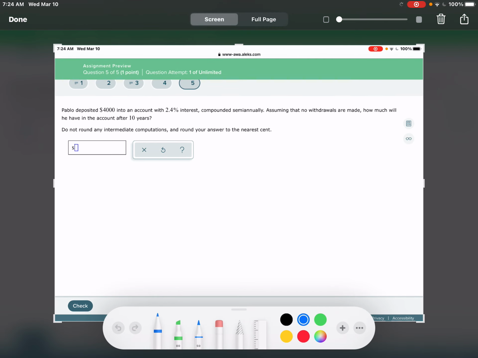Okay. With 2.4% interest compounded semi-annually, which means twice a year. Assuming that no withdrawals are made, how much will you have in 10 years? So the formula for this is A equals P times 1 plus the rate divided by the number of payments, to the time times the number of payments.